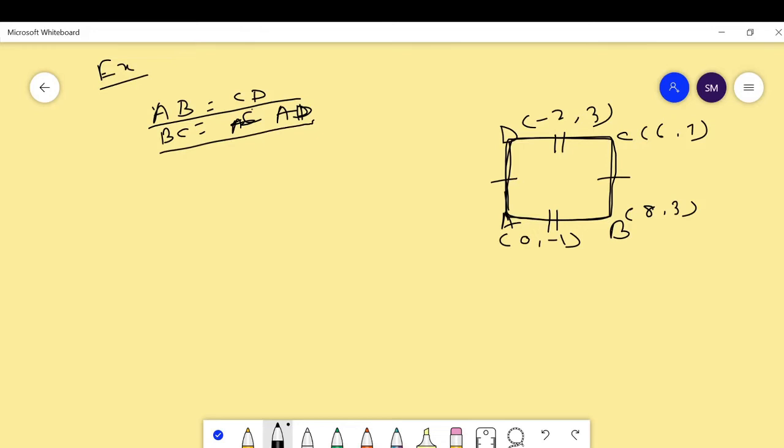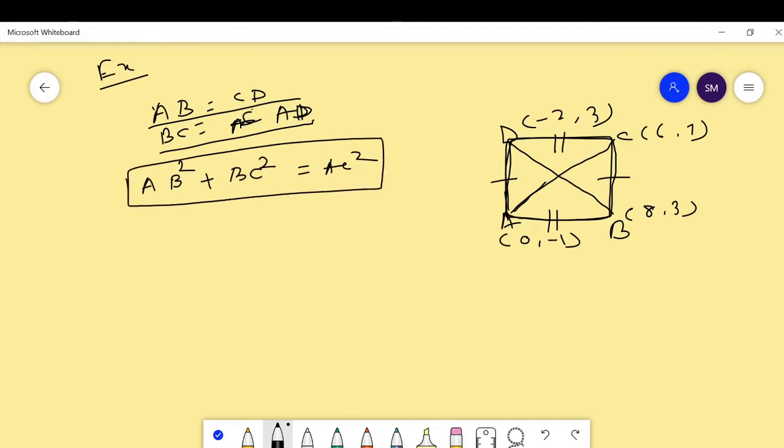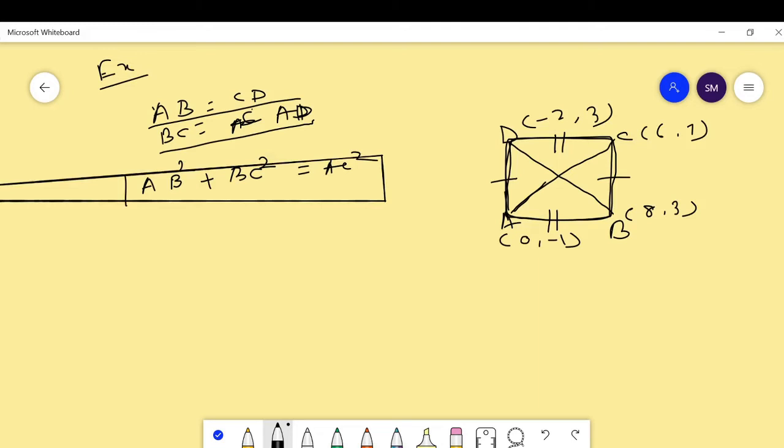Next, we join the diagonals AC and BD. Then, by using the Pythagoras theorem, we have to prove that AB square plus BC square is equal to AC square. This means this is a right angle.